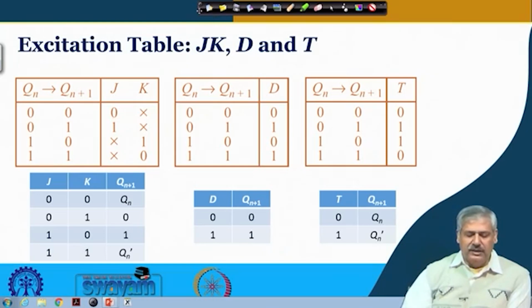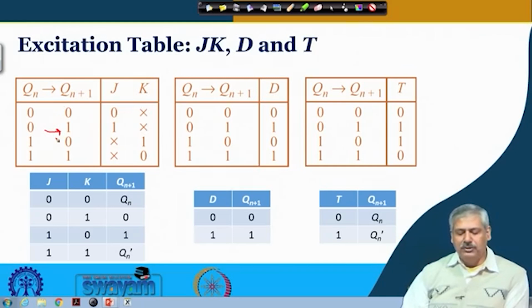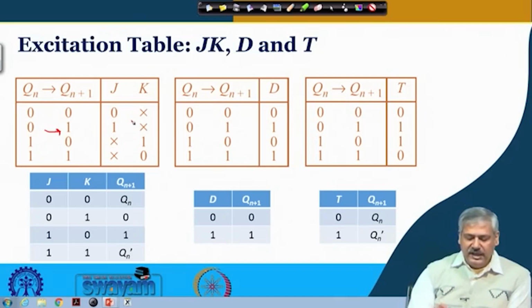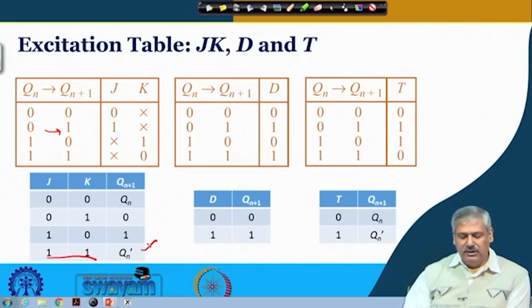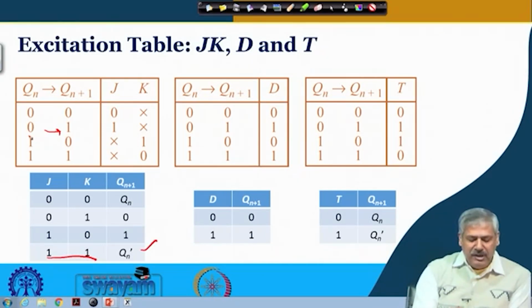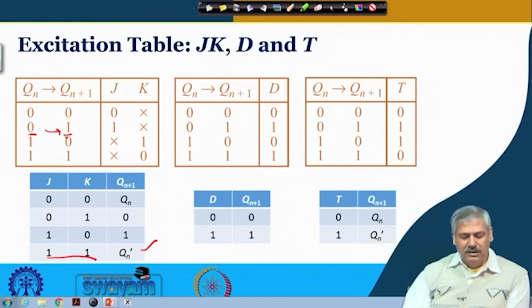Now coming to the other two cases. For 0 to 1, in the SR flip-flop it was only 1, 0. But in the JK flip-flop, for 1, 1 input, we know the output toggles. So if the previous value was 0, the next value will become 1, also for the case when the input is 1, 1.